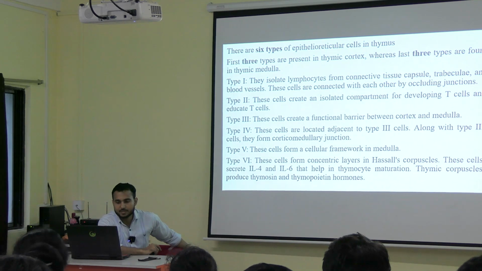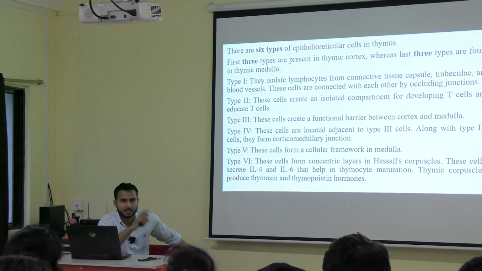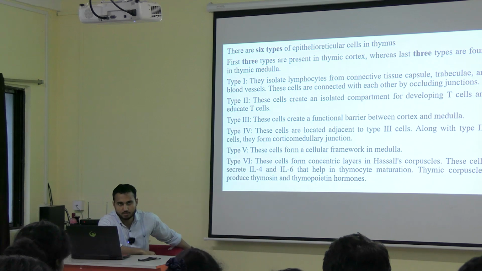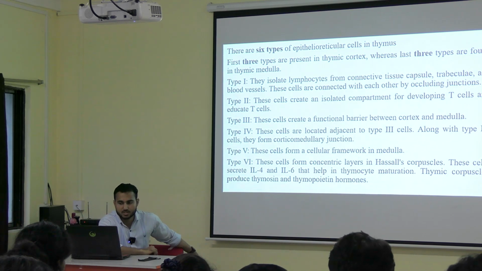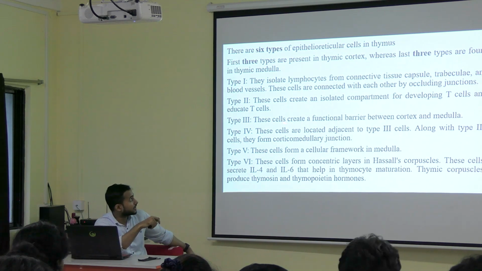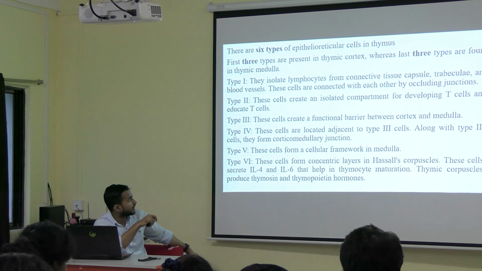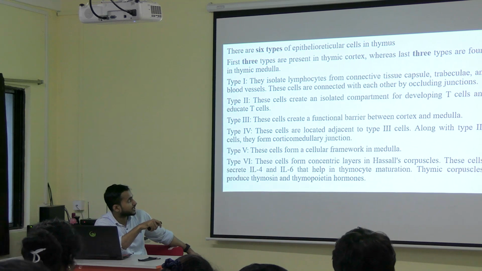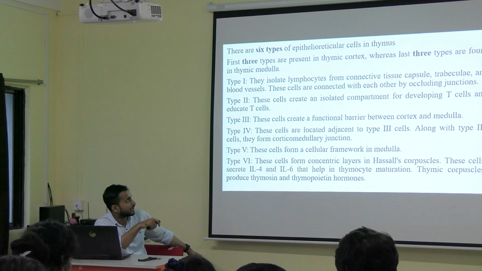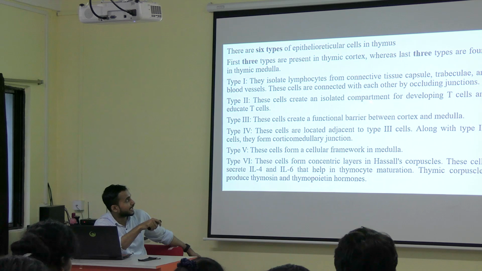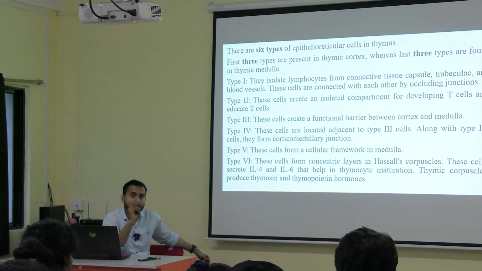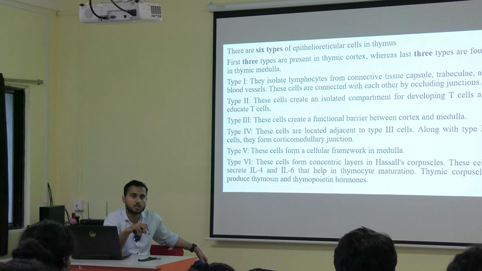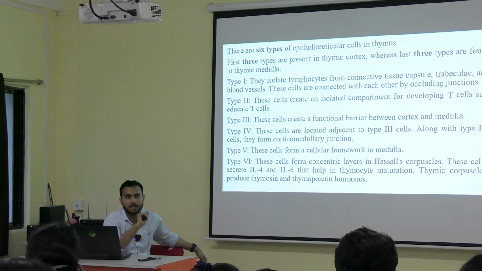Type 6, as you have seen, are present around the Husserl's corpuscle, and they produce interleukin 4 and interleukin 6. Next, type 2 and type 3 form the functional barrier between the cortex and medulla, and they provide an isolated compartment for the developing T cell, because T cells should not be exposed to the antigens present in the blood.